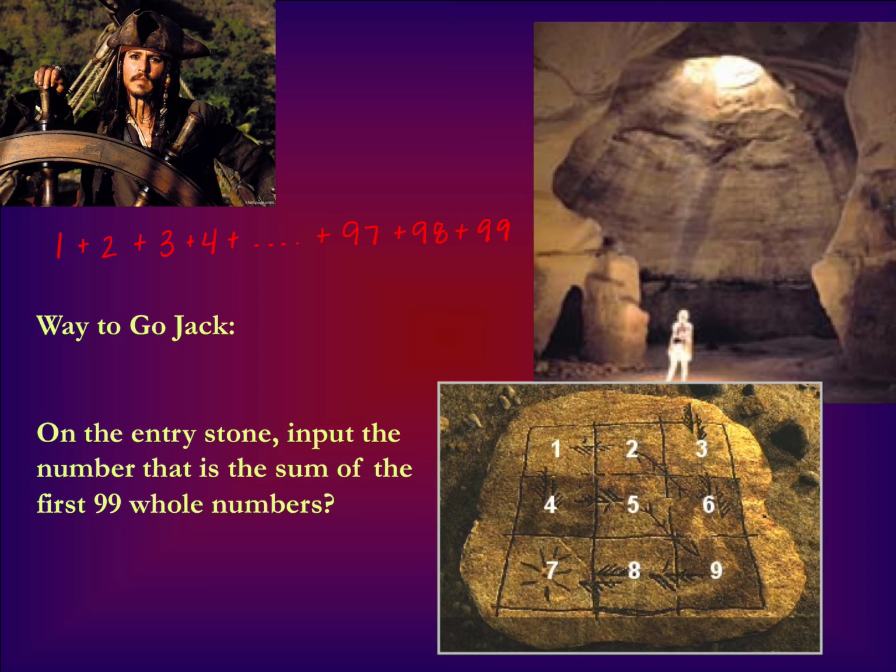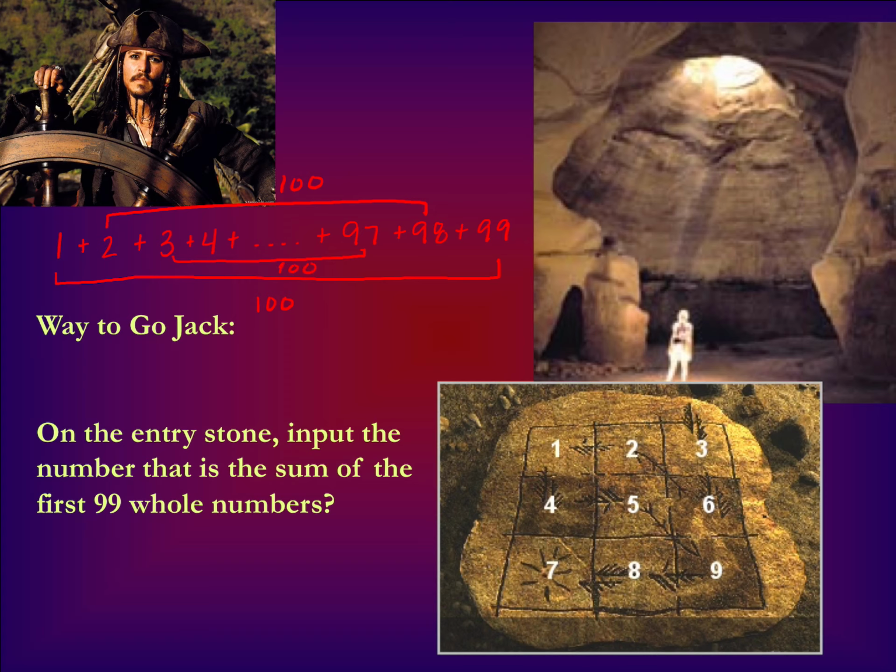What I'm going to do is pair my numbers off. If I pair up 1 and 99 and add those two together, that's going to give me 100. At the same time, if I pair up 2 and 98, that's also going to give me 100. And then 3 and 97, that gives me 100.